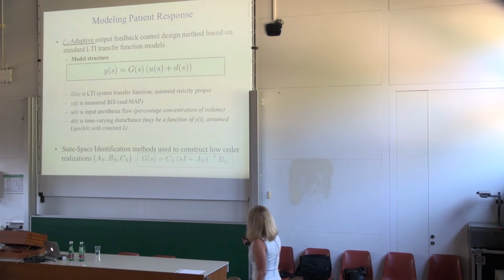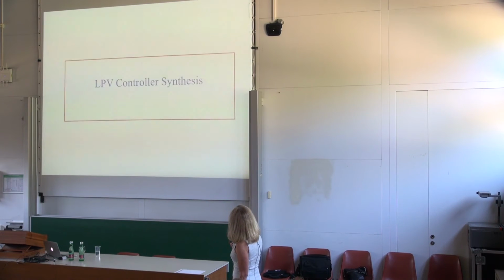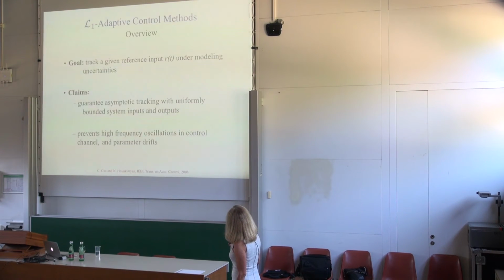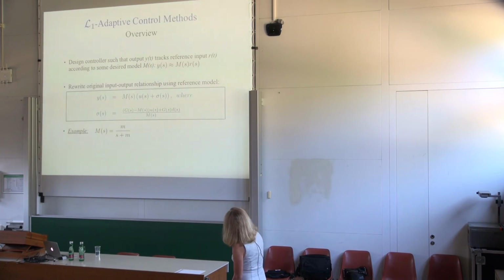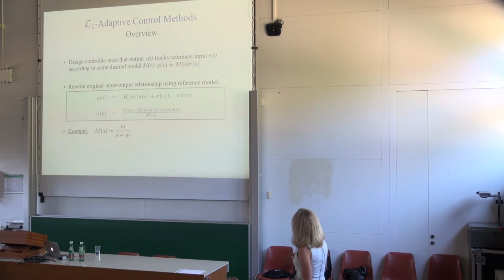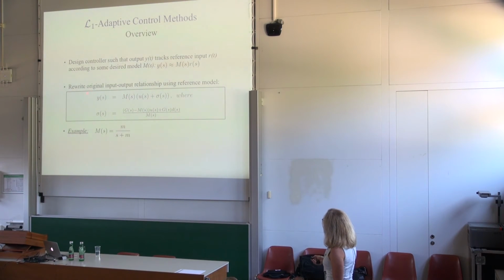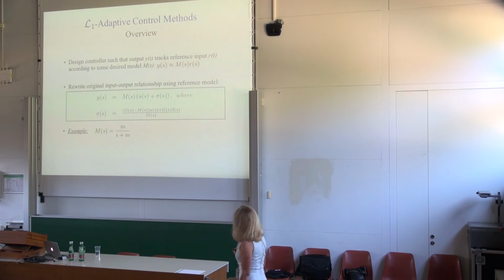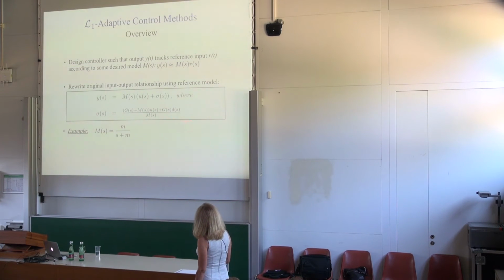Okay, so let's assume that instead of writing our relationship like this, we use this desired reference model M. Then we can rewrite the input-output relationship in this form, where basically this captures the same relationship, but now we're using this parameter sigma. This is going to be our adaptation parameter. And this is essentially capturing all the differences and uncertainties in our model.